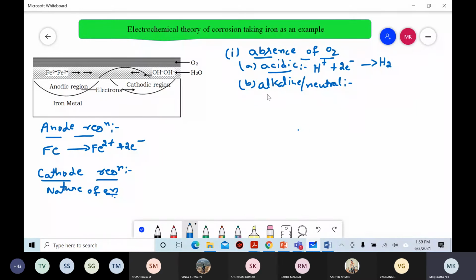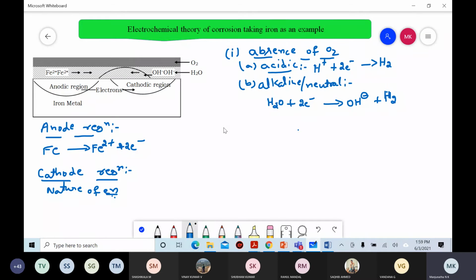If the medium is alkaline or neutral in nature, the moisture available in the environment gains the liberated electrons and is reduced to hydroxyl ions with liberation of hydrogen. This is the first one, absence of oxygen in acidic medium and alkaline or neutral medium.